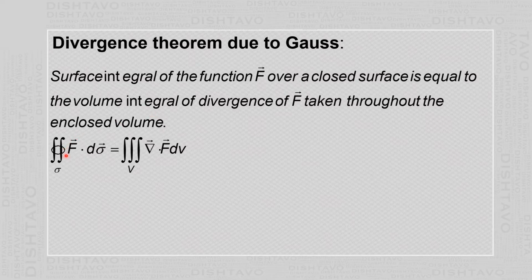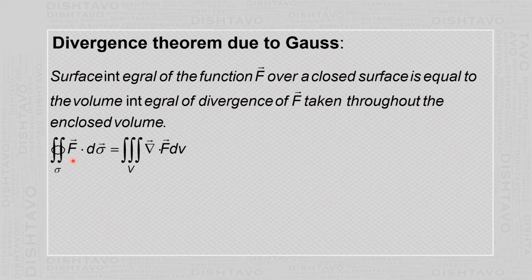see on the left hand side, what is given there is a double integral. Double integral means surface integral. And this circle is drawn to show that the surface is a closed surface. Sometimes it is called a loop integral.